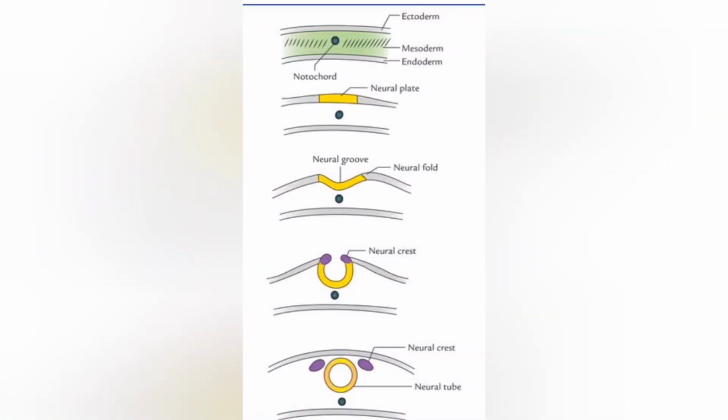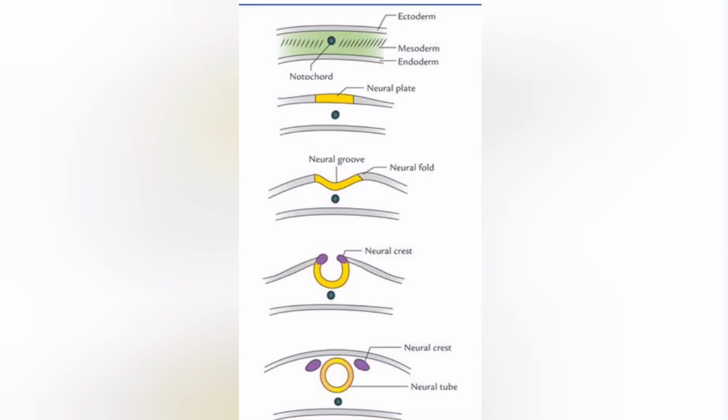In this picture you can clearly see the neural plate, marked in yellow, and a groove forms on that neural plate, which later closes, and this neural crest diverges and the enclosed structure is called the neural tube. I hope it is clear.